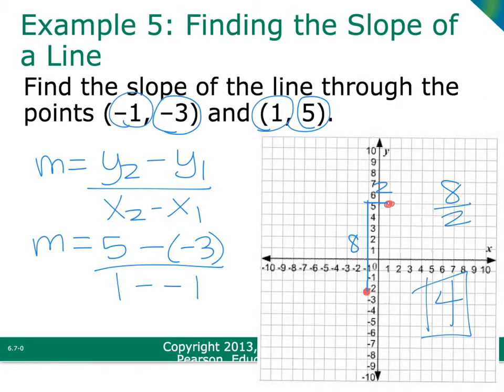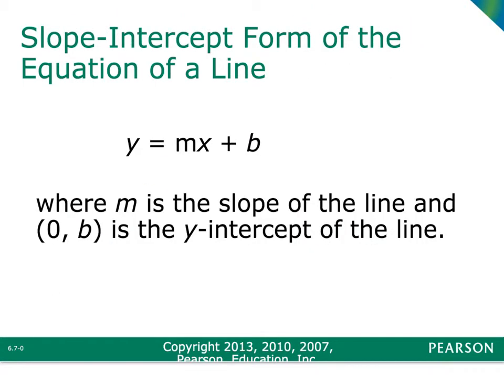I can just use my calculator to figure that out. 5 minus -3 is 8. 1 minus -1 is 2. And 8 divided by 2 is 4. So it's up to you. You could graph it and count, or you could use the formula. I prefer the formula, but either way will get you the right answer.